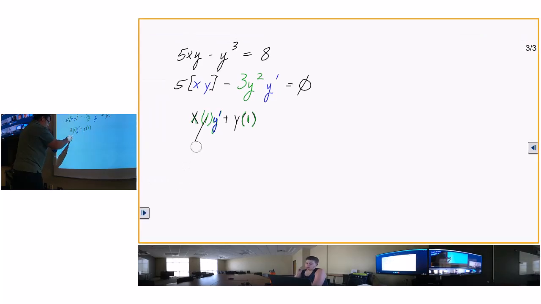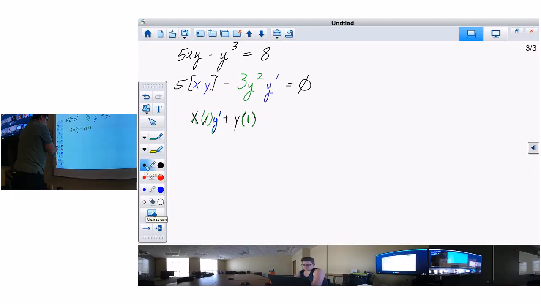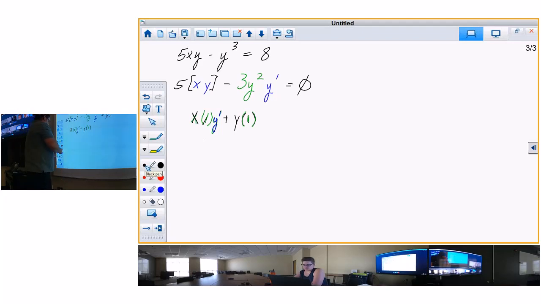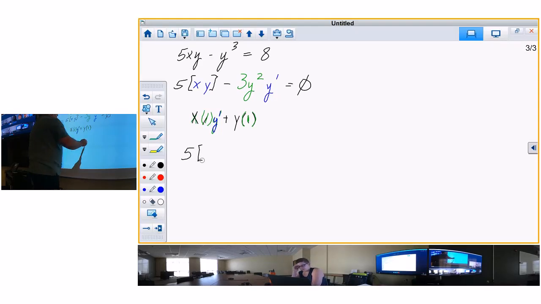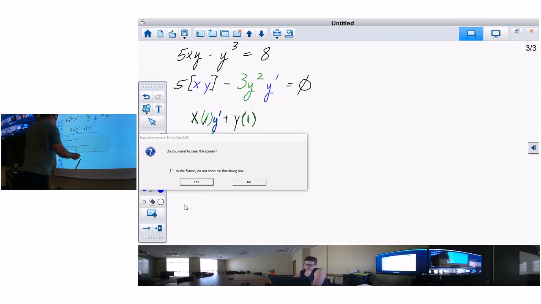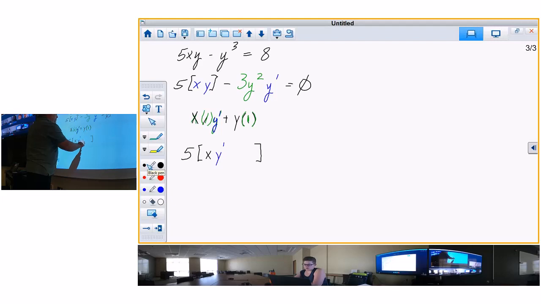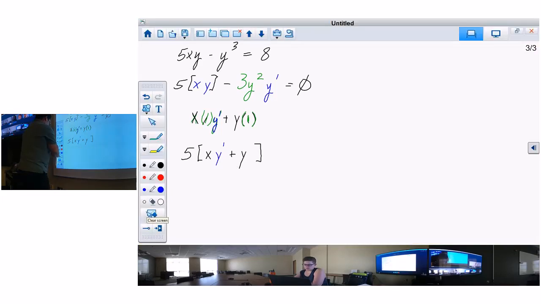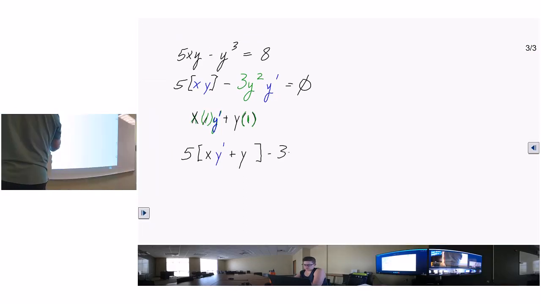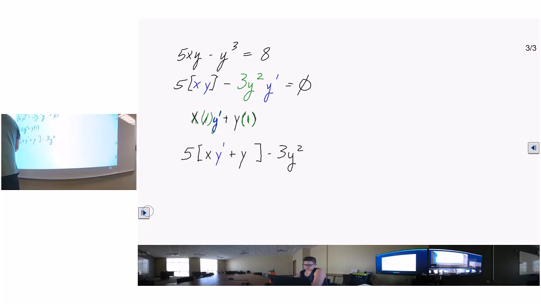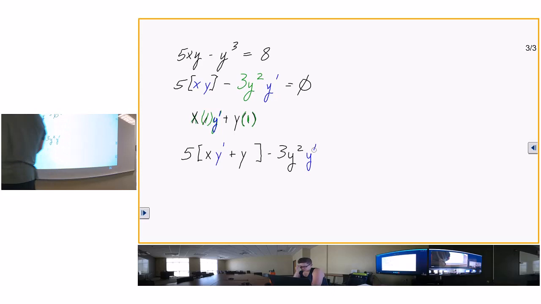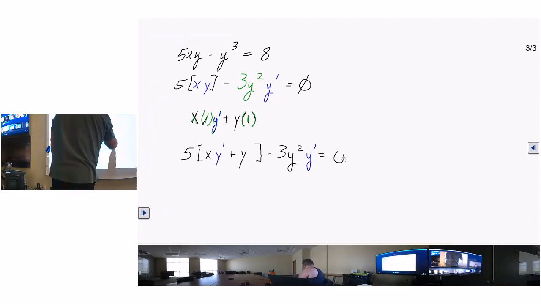A poster would be a whole lot easier. Okay, so we're going to rewrite this: 5, and then I'm going to put this in brackets because I want to keep it until I'm ready to simplify. x, y prime, plus y, and then minus 3y squared y prime is equal to 0.